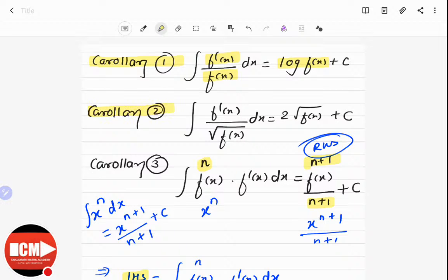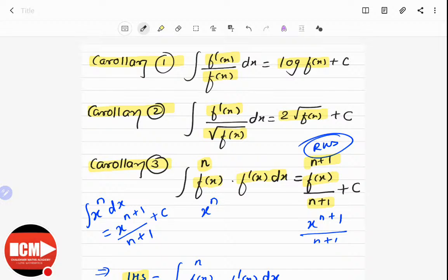Corollary number 2: integration of f dash of x upon under root f of x is 2 root f of x plus c. Corollary number 3: integration of f of x raised to n into f dash of x is f of x raised to n plus 1 upon n plus 1. Very important corollaries, and I hope these corollaries will help you in objective examinations too.